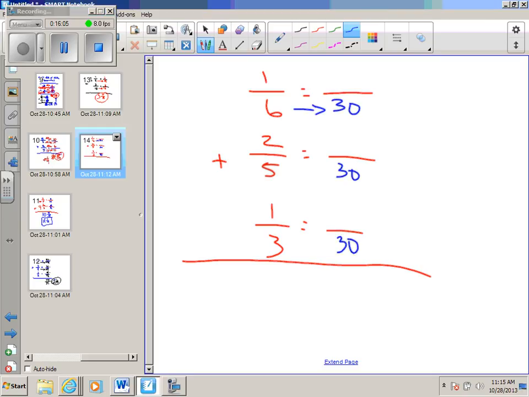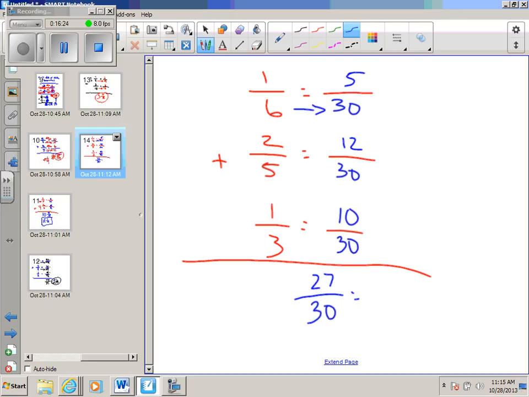6 times 5, 1 times 5. 5 times 6, 2 times 6. Times 10, times 10. Good. 5 plus 12 is 17, plus 10 is... Okay, good. And they both have 3 in common.